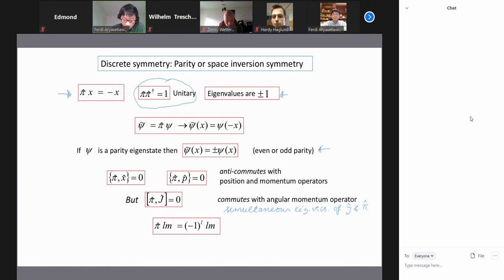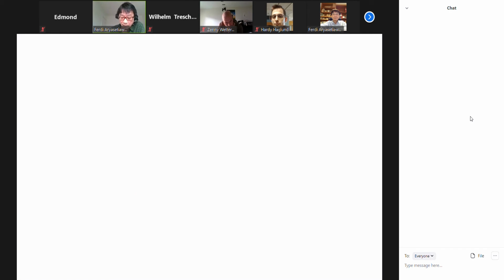So if |l,m> is an eigenvector of L in this case, then this is also an eigenvector of the parity operator. So we can see this by considering the spherical harmonics.